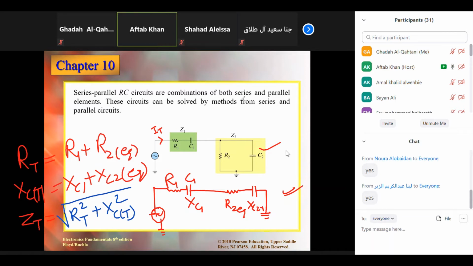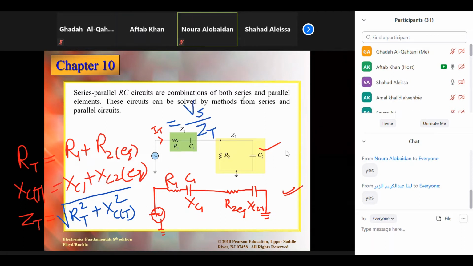Can't I find the I total? Yes, by Ohm's law: total supply voltage VS divided by the total impedance. This is the way, easy. So this way we can solve the questions.